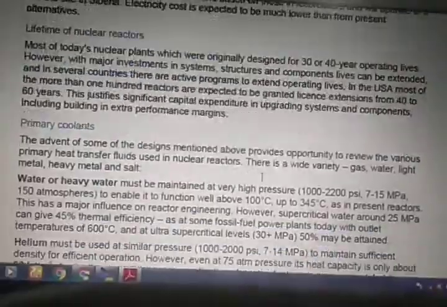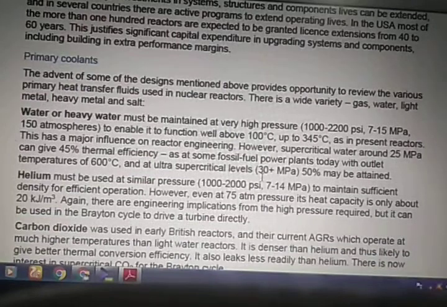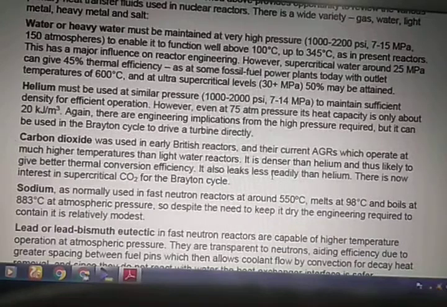In this, the primary coolant is normally water or heavy water. Carbon dioxide is sometimes also used. Sodium is normally used in fast neutron reactors at around 550 degrees Celsius.